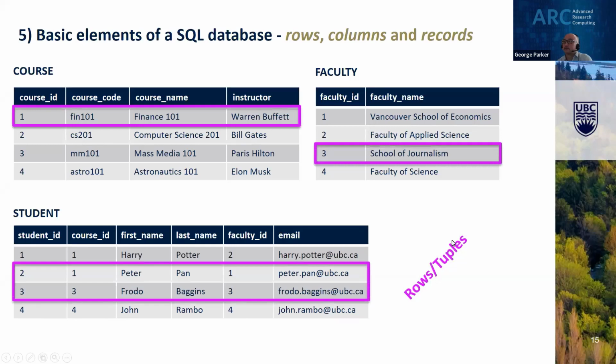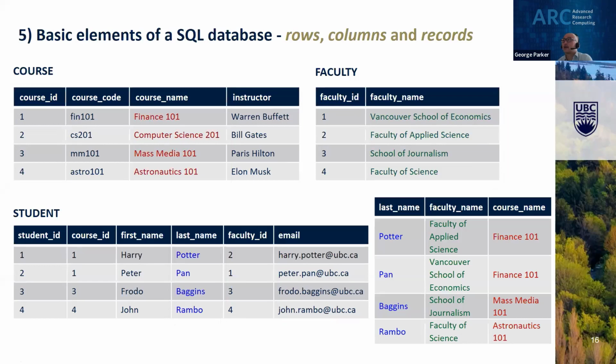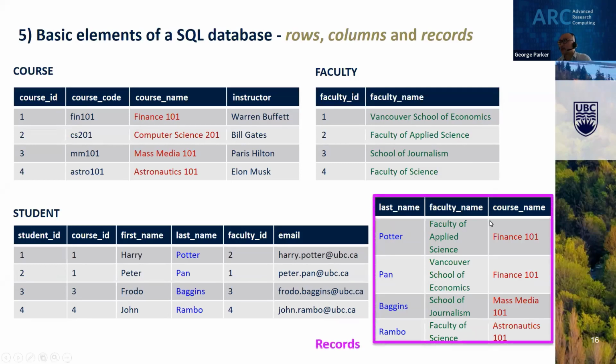You have rows, sometimes called tuples. You have columns or fields. And you can pull data from different tables to form something called records. In the lower bottom table, you see there are 3 colors.